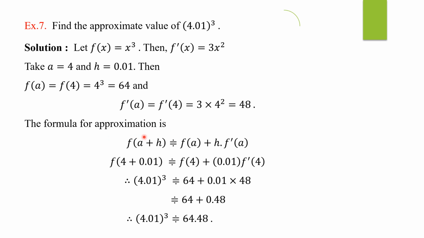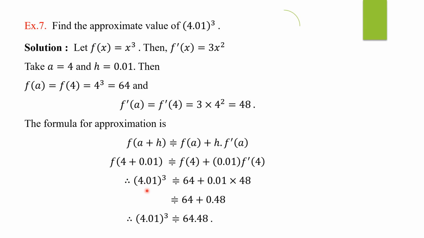The formula for approximation is f of a plus h equal to f of a plus h into f dash of a. Put the value of a and h. f of 4 plus 0.01 equal to f of 4 plus h, which is 0.01, into f dash of 4. For f of 4.01, the function is f of x equal to x cube.